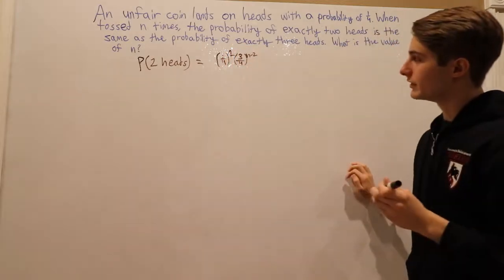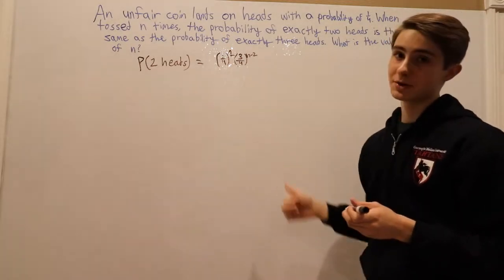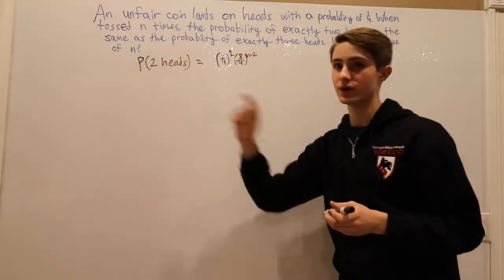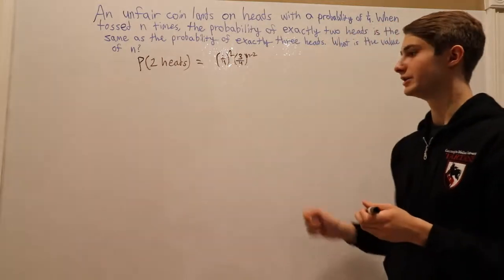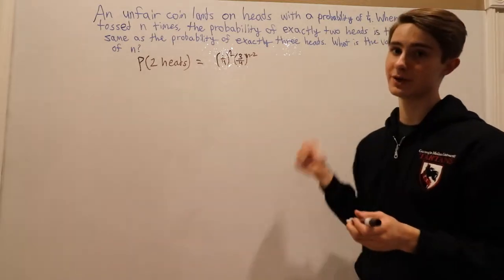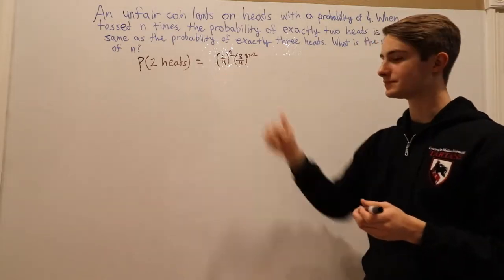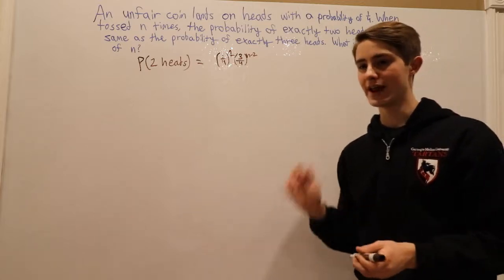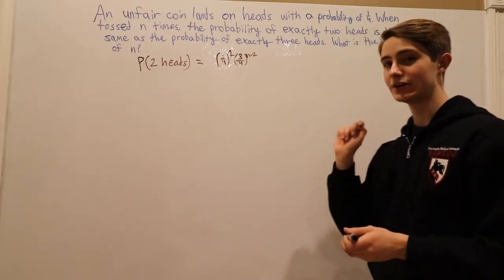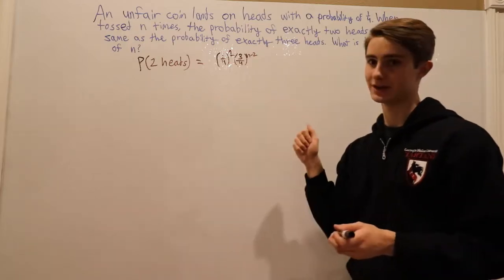Now, this is only the probability of getting 2 heads in one specific way. For example, say I flip heads the first time and heads the second time, and then tails the rest of the time. The probability of that event is this. But I could also get heads the first time, tails the second time, heads the third time, and tails the rest of the times.